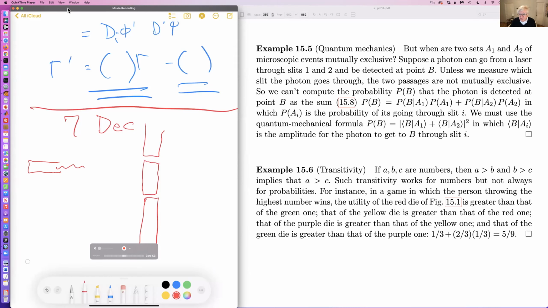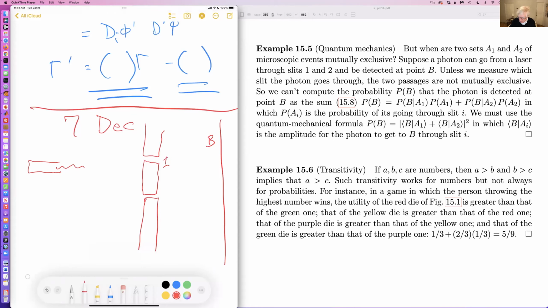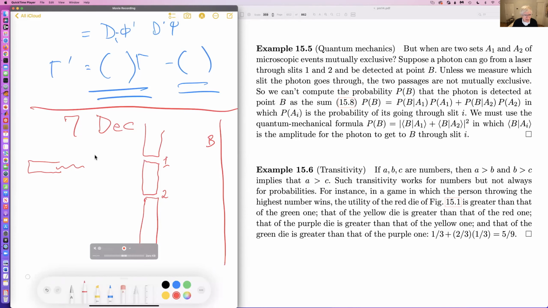And what's the probability of a photon being detected at some point on a screen, some point B? And what you've got here then is opening slit 1 and slit 2. And the photon can go from the laser over here, can go through the slits and get to B.